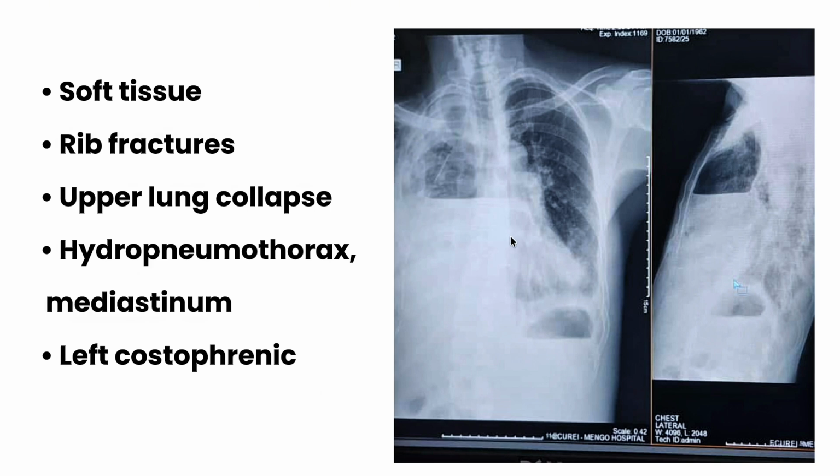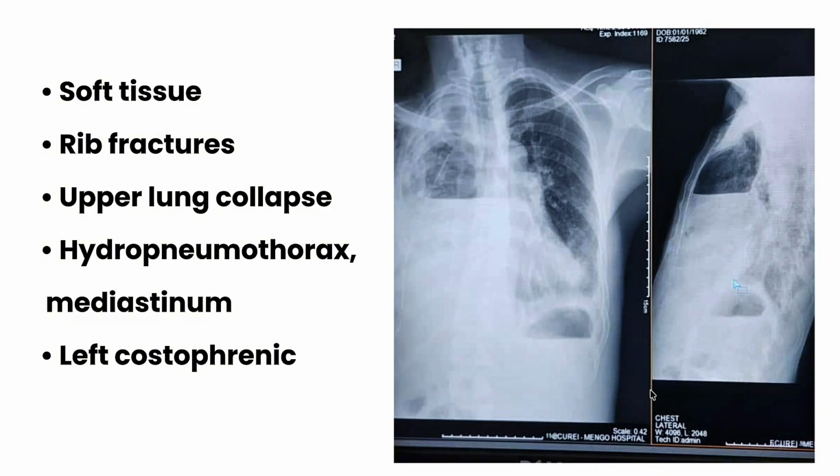Then when we go in, we have that air-fluid level, and probably hydropneumothorax, and of course the obliterated left costophrenic angles. So all these point to a traumatic chest condition. Of course the lateral also shows it very well.